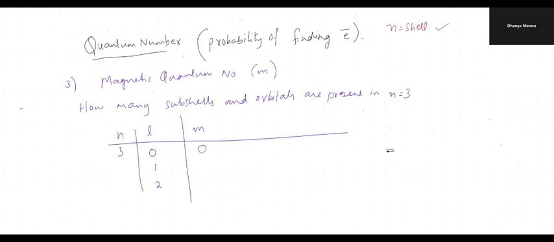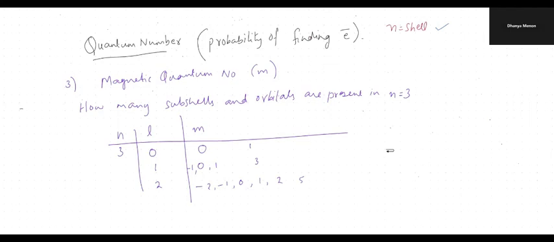When L value is 1, M will have minus 1, 0, and plus 1, 3 of them here. When L value is 2, it ranges from minus 2, minus 1, 0, 1, and 2. So, how many are there? Here 1, here 3, here 5.